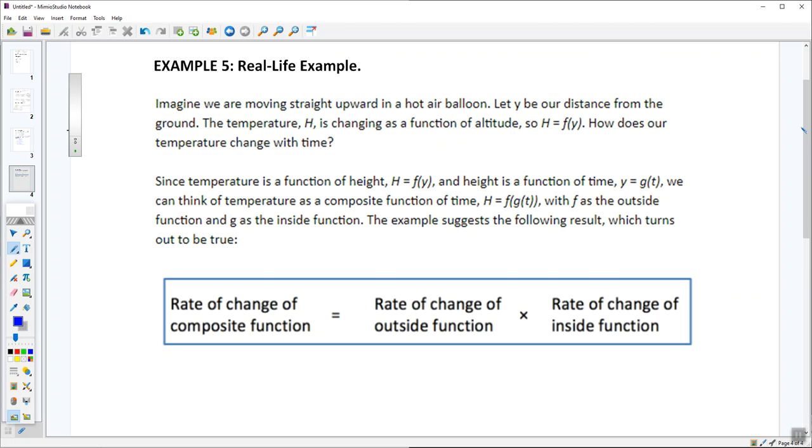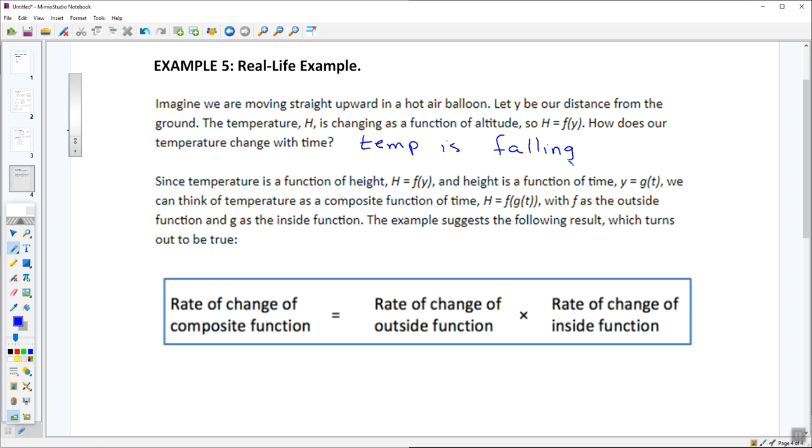Okay, so the temperature H is changing as a function of altitude, so H equals F of Y. How does our temperature change with time? If we're moving straight upward, what's happening to the temperature? It is falling.